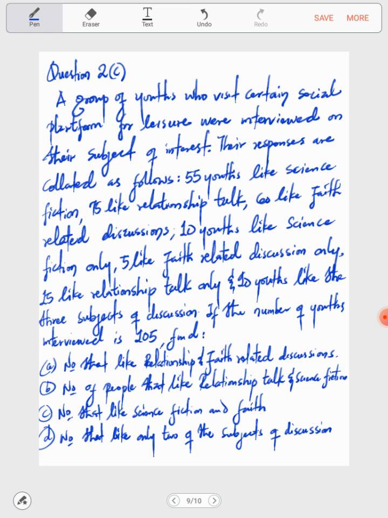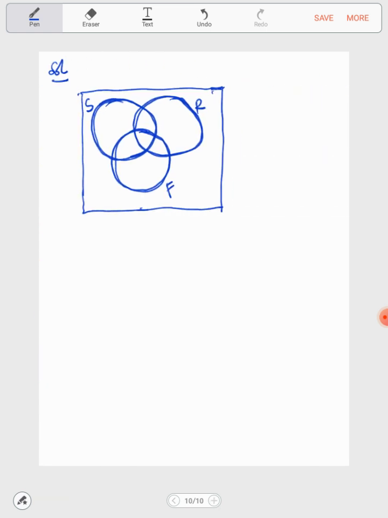Now let us address each of the statements here. It says 55 youths like science fiction. Pay attention to how I'm going to address it. When you say 55 love science fiction, it's simply telling us that the whole of the circle is 55.